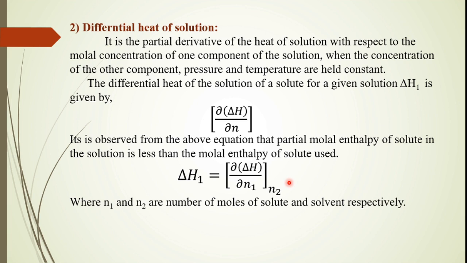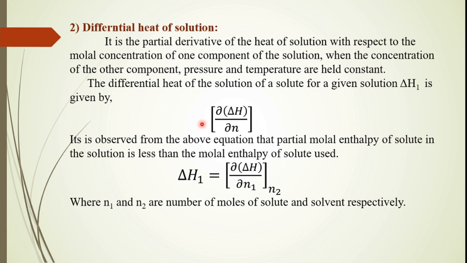So what you have to remember: the change in heat of solution with respect to the molal concentration of one component, that may be solute or that may be solvent. So now the differential heat of solution of a solute for a given solution, that is delta H1, is given by.